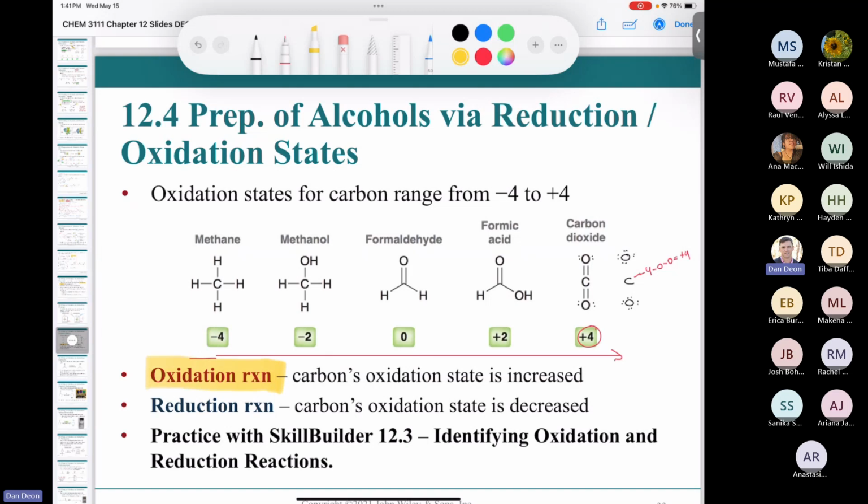Electrons are negative. If you lose negativity in your life, what do you become? More positive. So this would be oxidation. Oxidation is occurring in this direction. And then reduction is when the oxidation state is decreased. So we'll just draw an arrow going this direction, and we'll say this would be reduction.